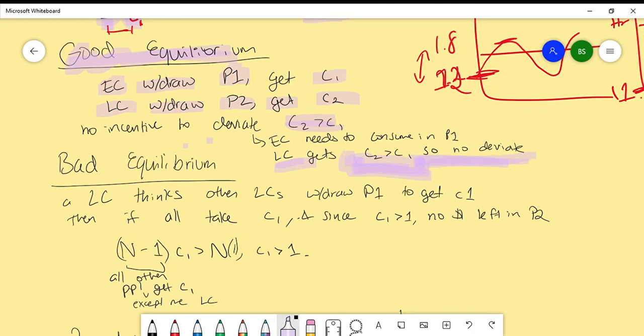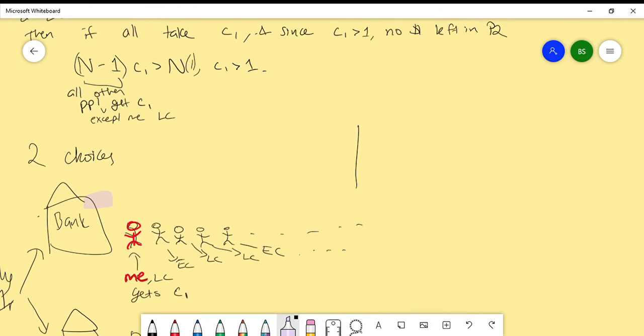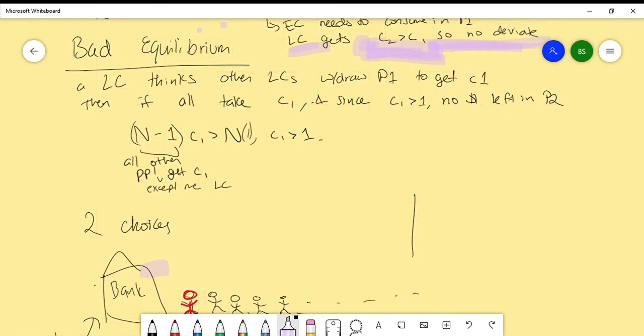But let's say that each late consumer thinks that all the other late consumers are going to withdraw in period 1 to get C1. Let's say I'm a late consumer and I think all the other late consumers are going to take all their money out in period 1 and get C1, and C1 is bigger than 1.